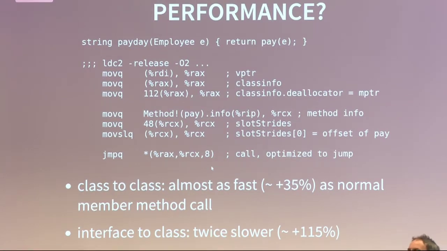When you dispatch an open method, you have first to fetch the VPTR inside the object. The first slot of the virtual function table is the pointer to the class info. And in the class info, I have stored the pointer to the method table. That's what the first block of instructions does. It fetches the pointer to the method table. It also needs to fetch the position which is allocated to this method inside the function table.